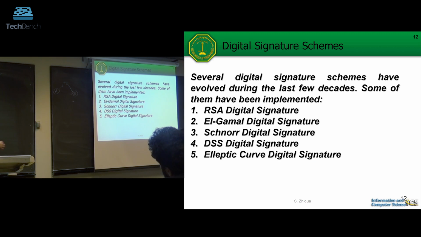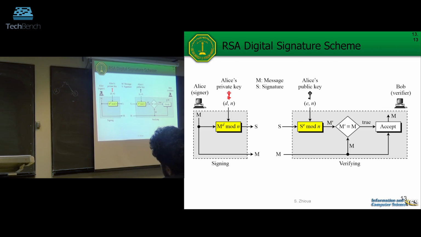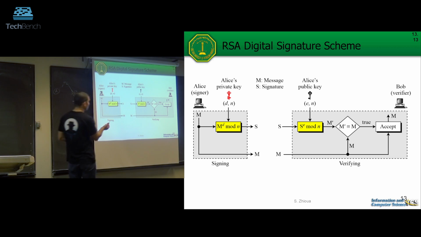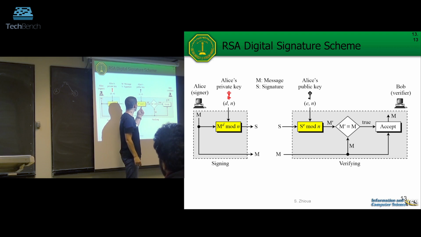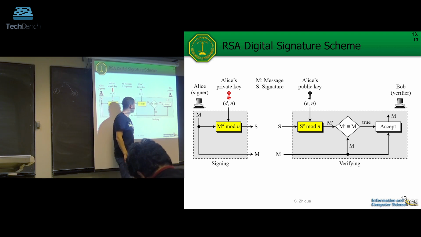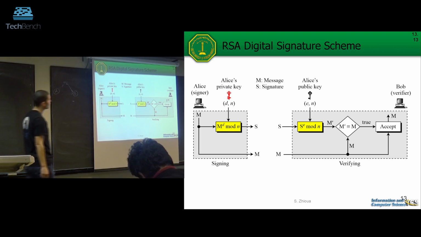So, digital signature schemes. You can use RSA. In general, RSA and the other asymmetric key cryptography techniques can be used for digital signatures. For RSA, you know how it works. This is the same diagram, but with more details about how the encryption is done. You remember the encryption: you compute the modulo with the private key of Alice, and then here you do the decryption with the public key, still of Alice, and you check the signature of the message.